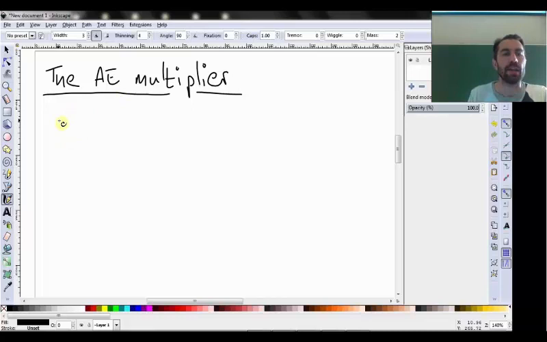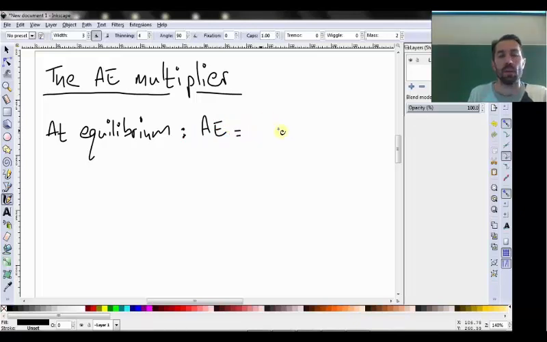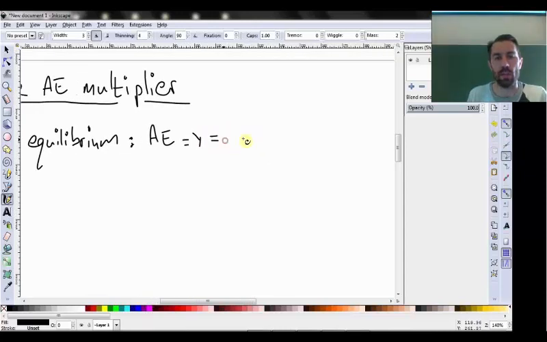I said the aggregate expenditure equation at equilibrium, we're going to have a situation where aggregate expenditure is equal to output, and our aggregate expenditure equation can be written as C plus I plus G plus X minus M.